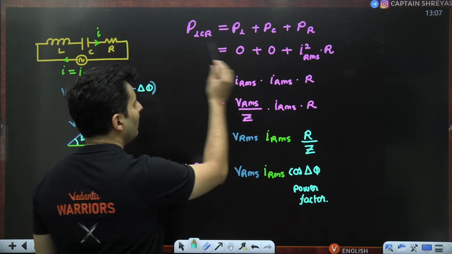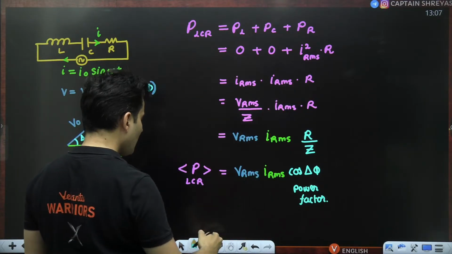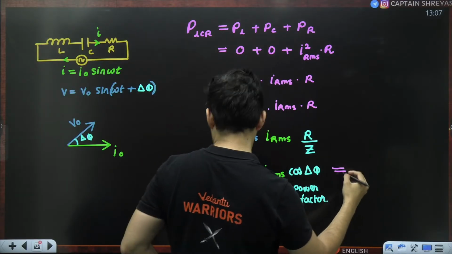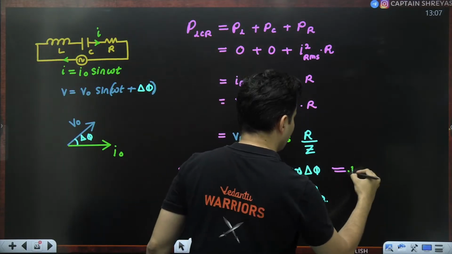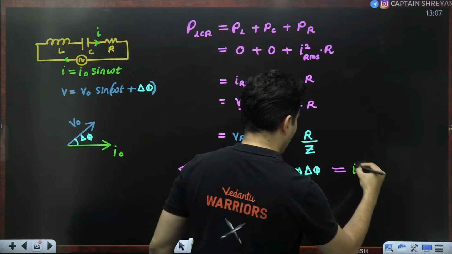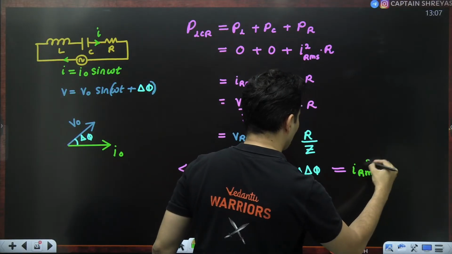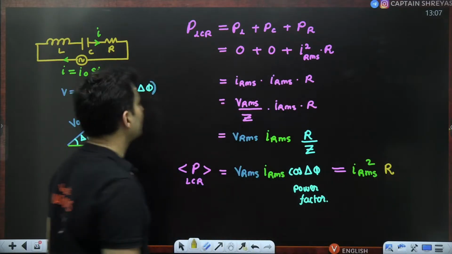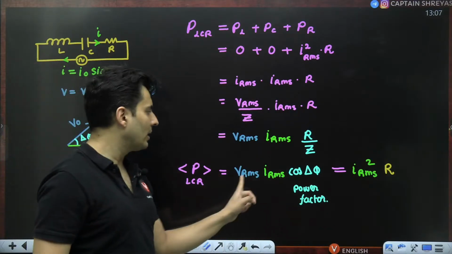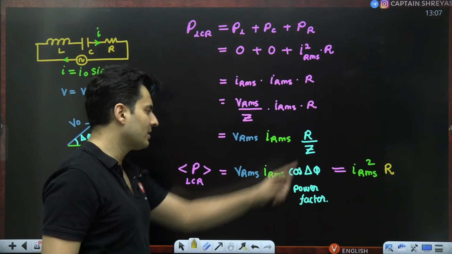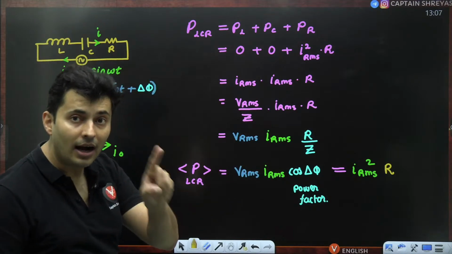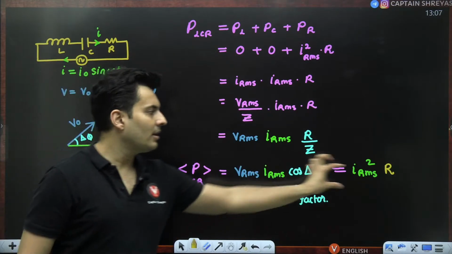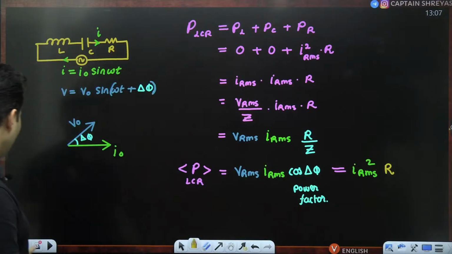You can write power as I squared R, so this is one formula, either I RMS square multiplied by the resistance, or you can use VI cos phi, but both of them should be RMS only, otherwise it will not work. So very, very important formula.